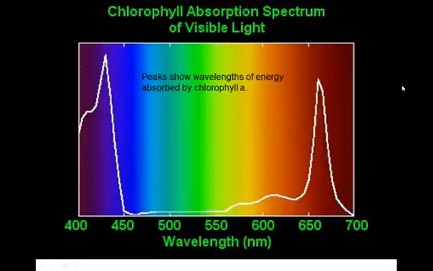This is simply showing the absorption spectrum of visible light by chlorophyll A. Now, this is the first time I've mentioned chlorophyll A, specifying that there's a particular type of chlorophyll. But look at those peaks, boy, whoosh, the red and then the violet. So we can also talk about other types of pigments besides chlorophyll.